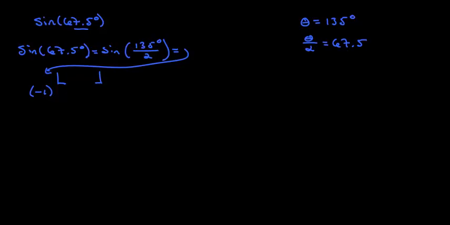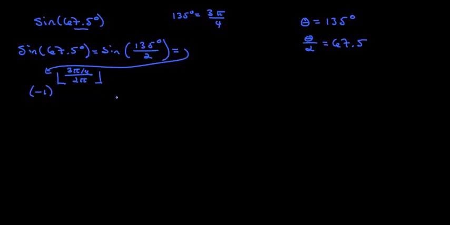So 135 degrees is 3 pi over 4. So what I've really got here is 3 pi over 8. But anyway, we'll do 3 pi over 4 divided by 2 pi.